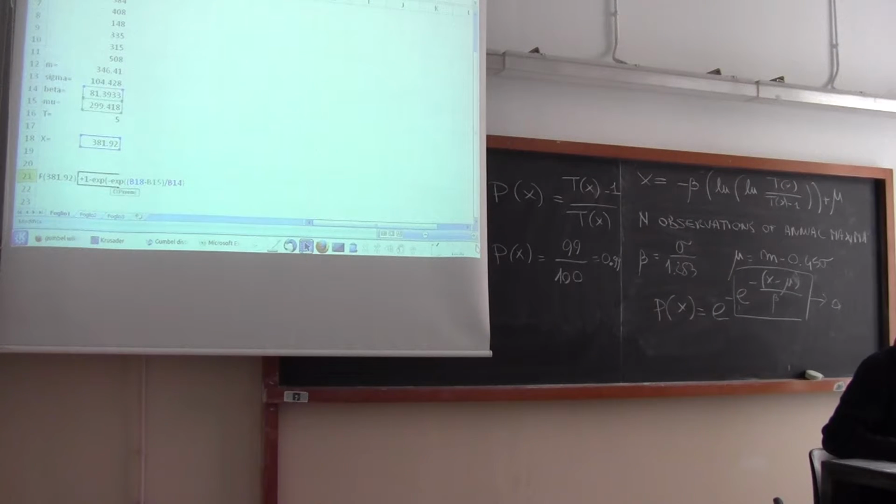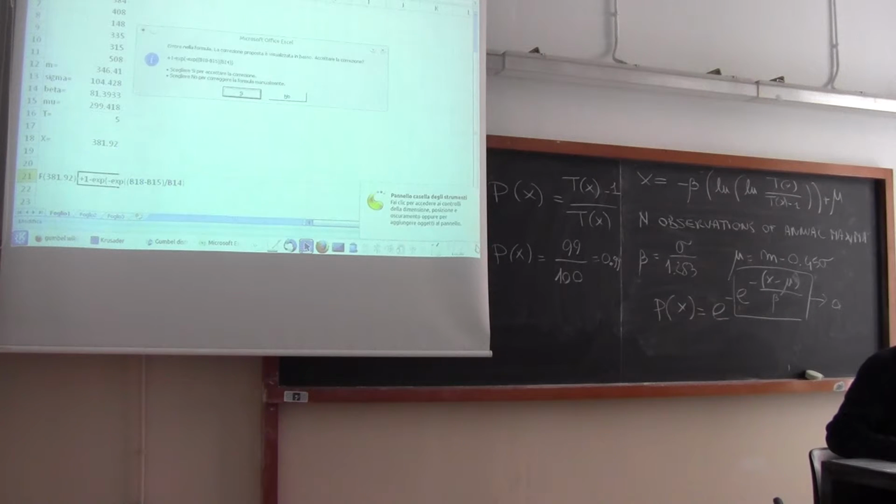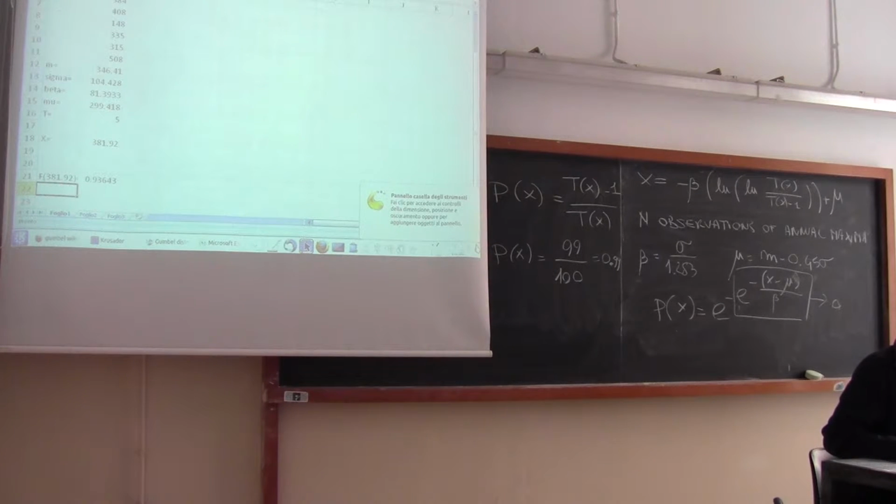This should be it. Let me see if everything is correct: 1 minus exp of B18 minus B15, which is mu, divided by beta. Should work.